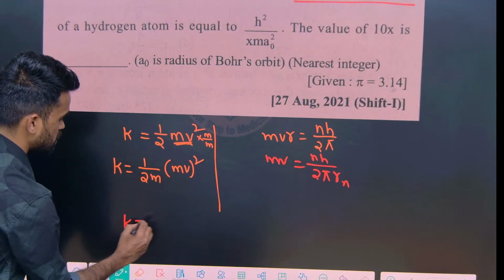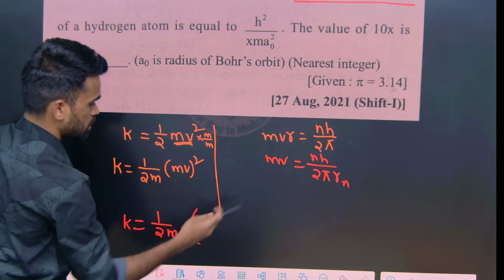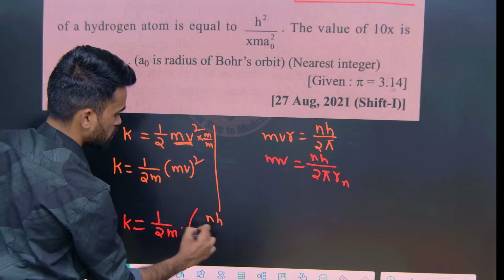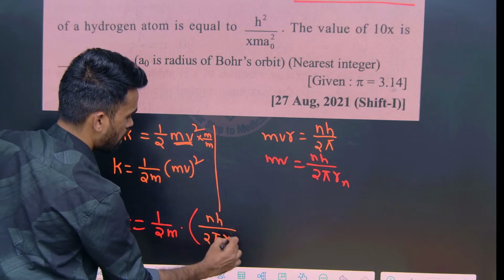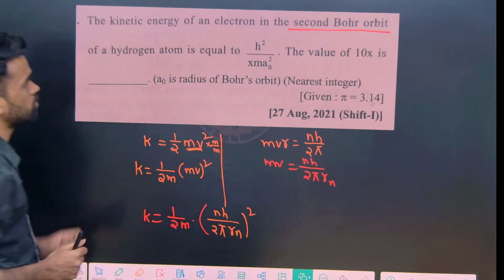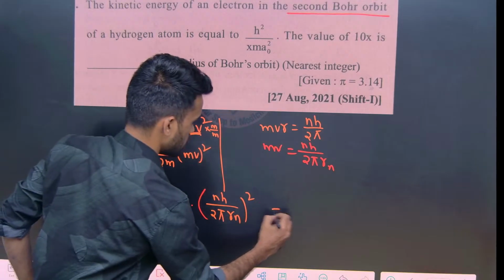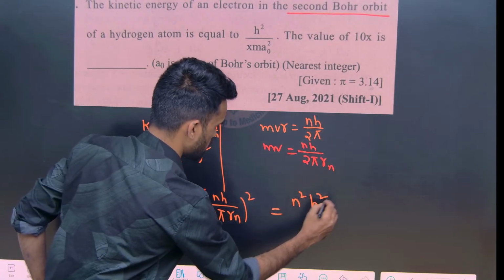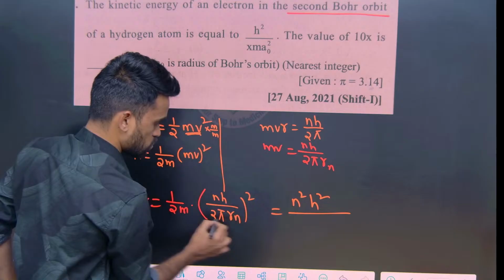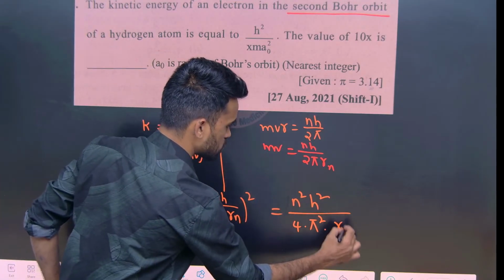So kinetic energy is equal to 1 by 2m into mv, which means nh by 2 pi rn whole square. Yeah, we got this up to here. Then next, you can write this as n square h square by 4 pi square rn square. That's it.